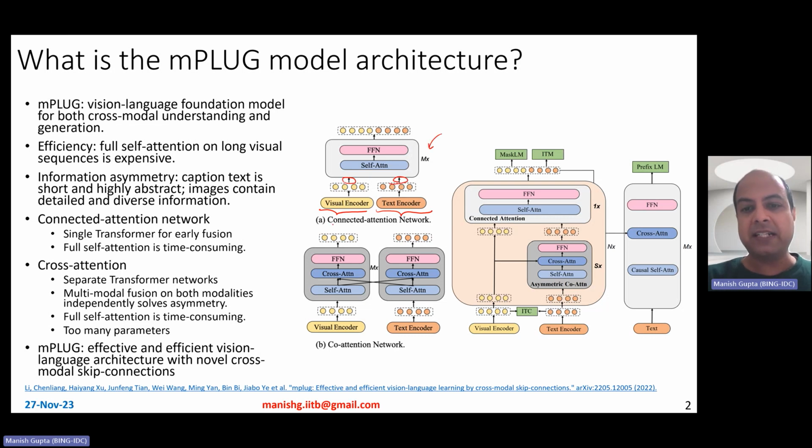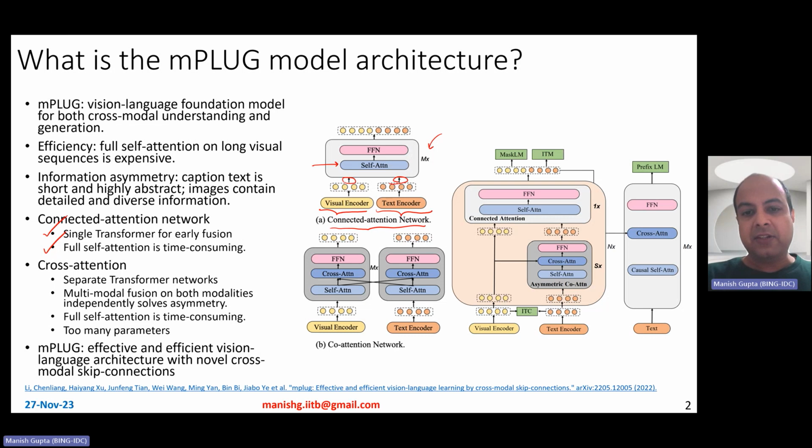That's called a connected attention network. It essentially uses a single transformer for early fusion. The unfortunate part is that the full attention over both visual tokens and text tokens is time consuming, as transformer is quadratic in nature.